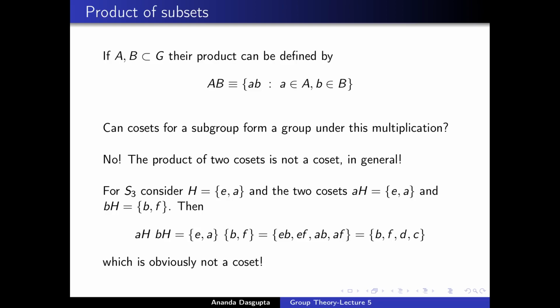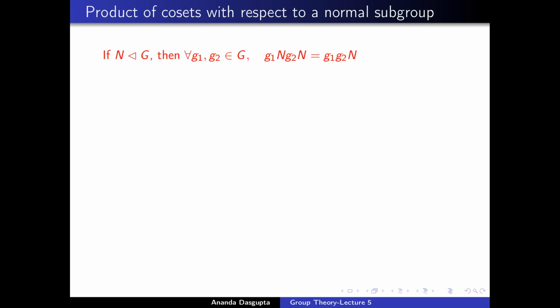So it would have been great if the cosets could be multiplied to provide a group structure. Now, while we have just found that for an arbitrary subgroup, the cosets cannot be multiplied to give further cosets, it turns out that cosets can be multiplied to give cosets if the subgroup happens to be a normal subgroup. So we now turn to that point.